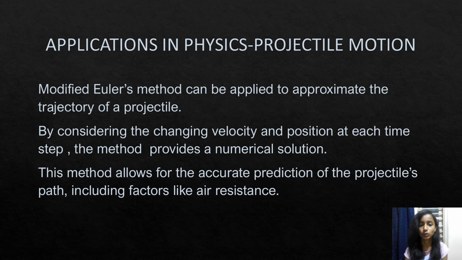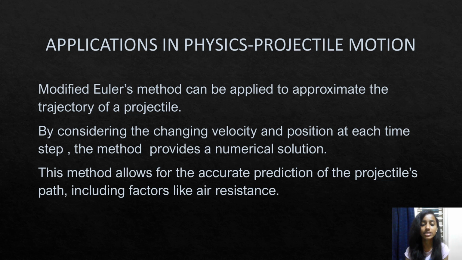Application in physics projectile motion. Here, the trajectory of an object is determined by its initial velocity and launch angle. By applying modified Euler's method, we can accurately predict the motion of projectiles in real-world scenarios. Modified Euler's method allows us to solve complex projectile motion problems that cannot be easily solved analytically.